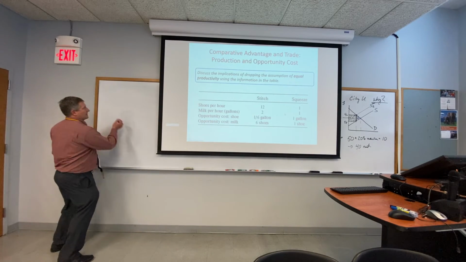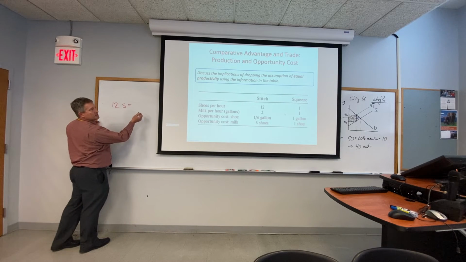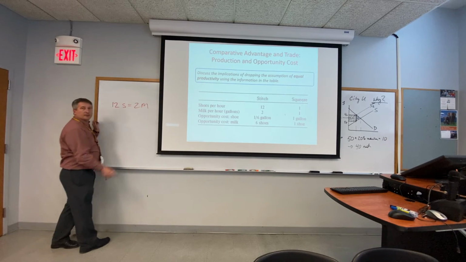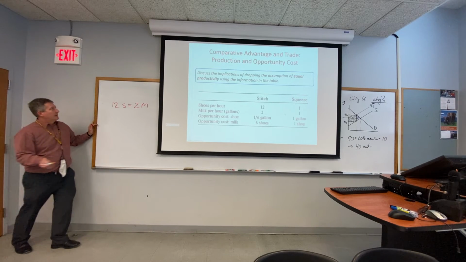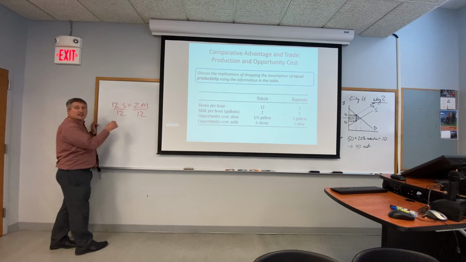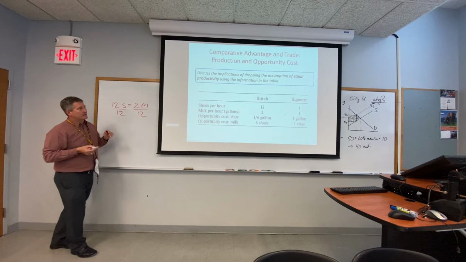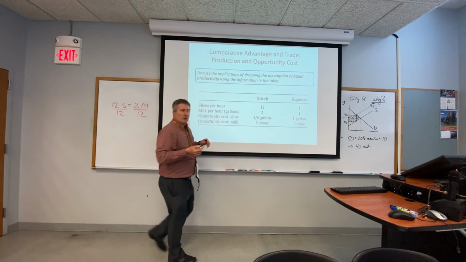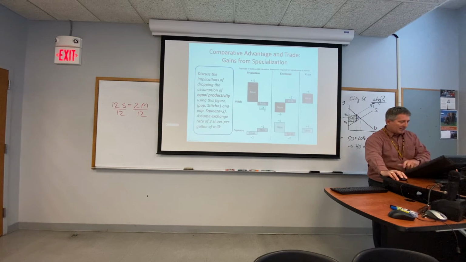So I look at that and just go, for Stitch, it's 12 shoes equals 2 milk, right? So that's the trade-off for Stitch. That means the opportunity cost of a shoe is 1/6 of a milk, or vice versa, it's 6. So that was the basic comparative advantage stuff.